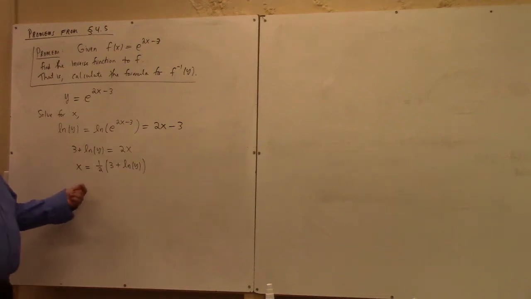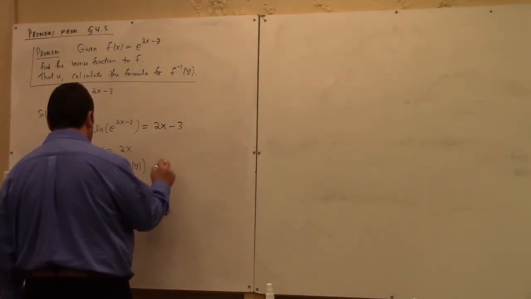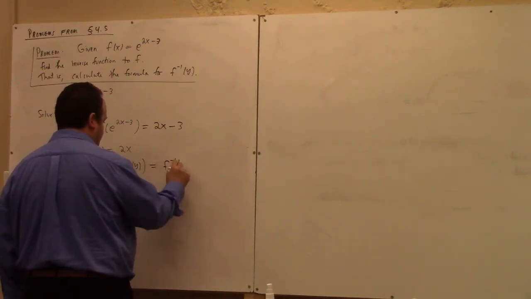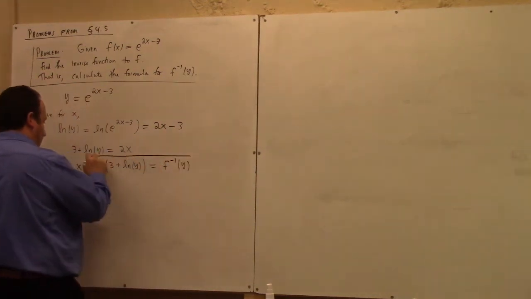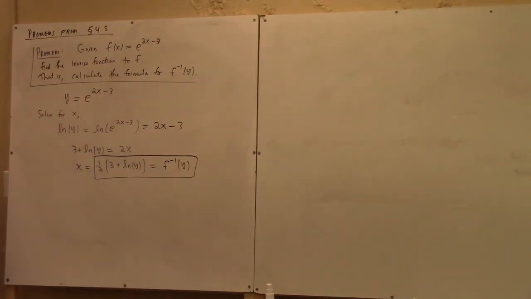This right here is the what? This is the inverse function of y. So it's the same exact algorithm that we did earlier in the course. To find the inverse function, we set y equal to f of x and we solve for x.